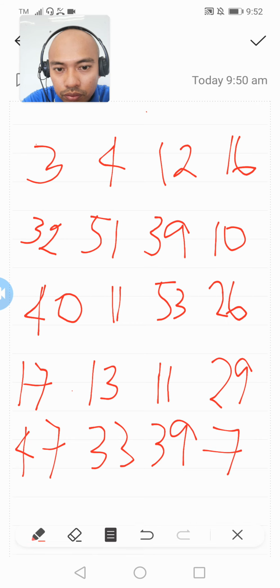All right, so given this set of data, I want you to find out or compute for the mean of this.